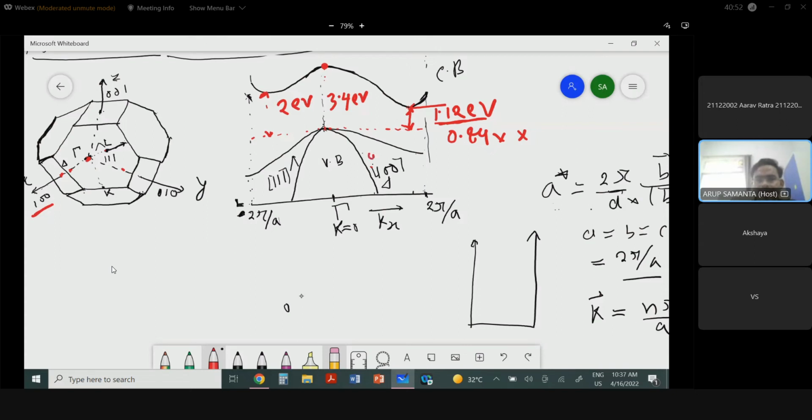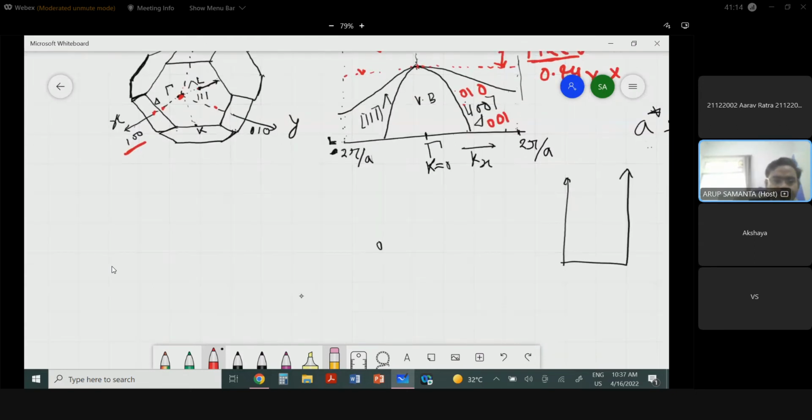So I can write 0, 1, 0, and you can get the same result. So this is 1, 0, 0, and 0, 1, 0, same result. Same for the 0, 0, 1 direction: you can also get the same band structure, and you can find this maxima and minima variation.